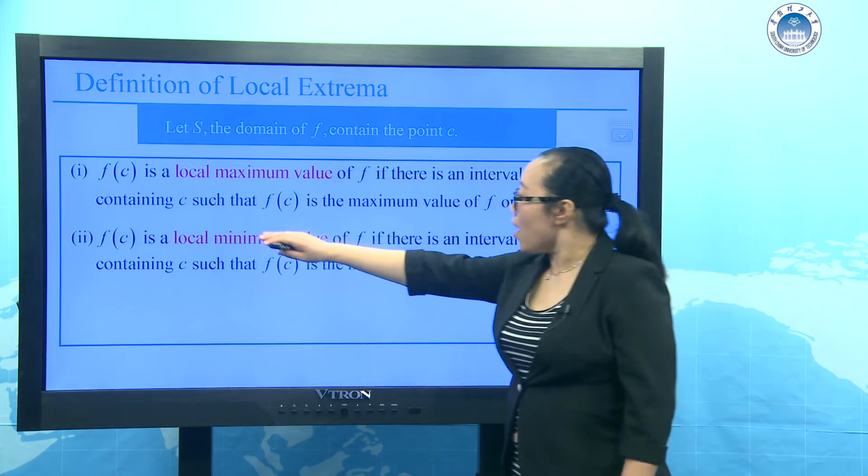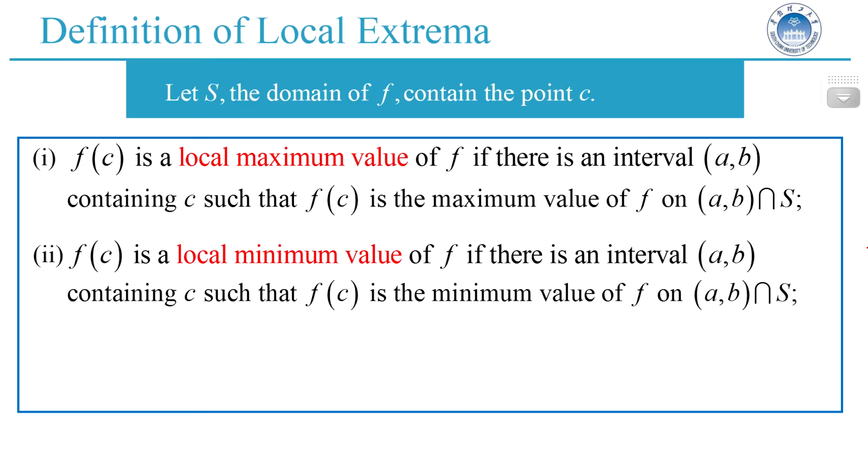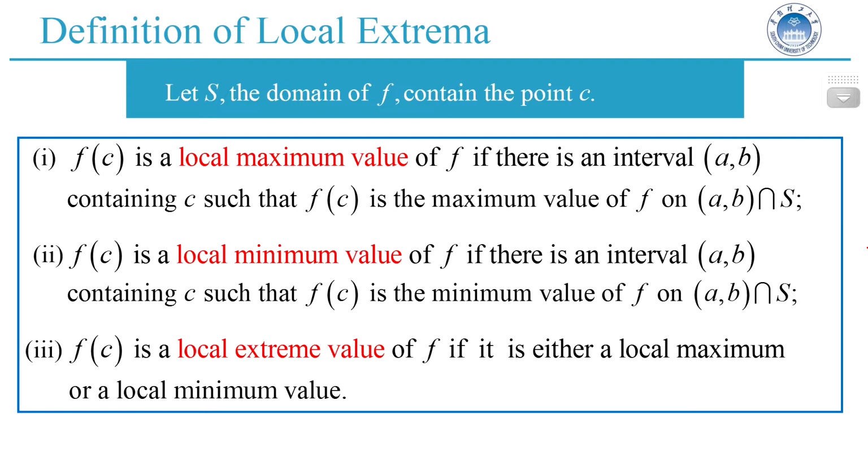Similarly, f(c) is our local minimum value of f if there is an interval ab containing c such that f(c) is the minimum value in the intersection of the interval ab with the domain S. That is the local minimum value. f(c) is a local extreme value of f if it is either a local maximum or a local minimum.